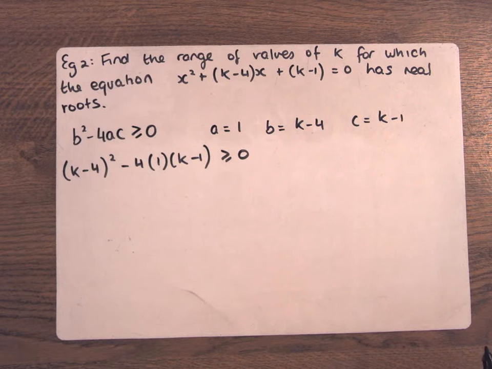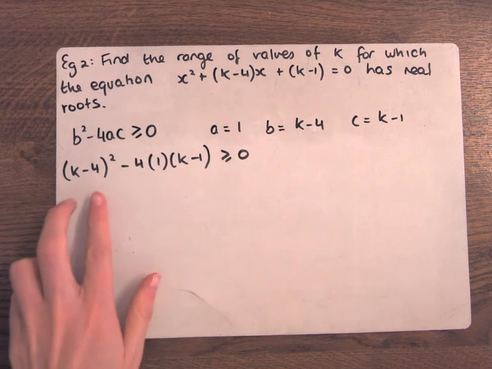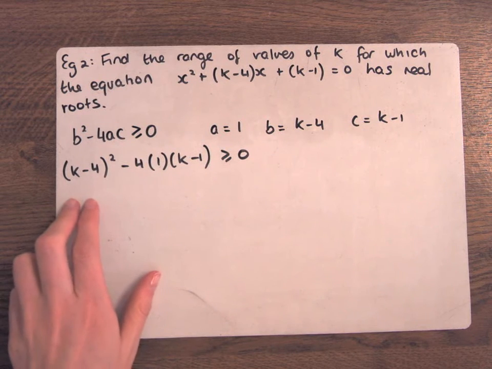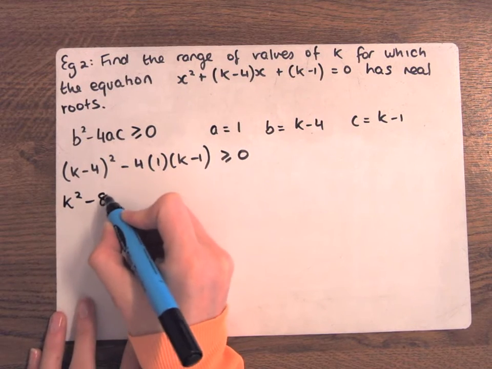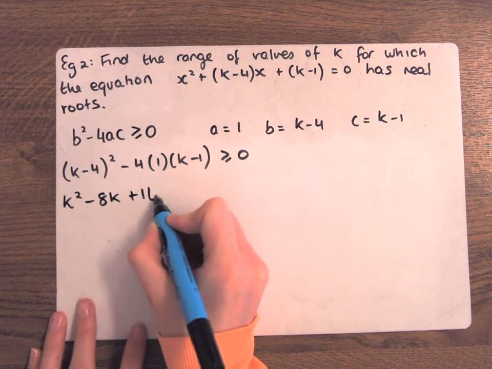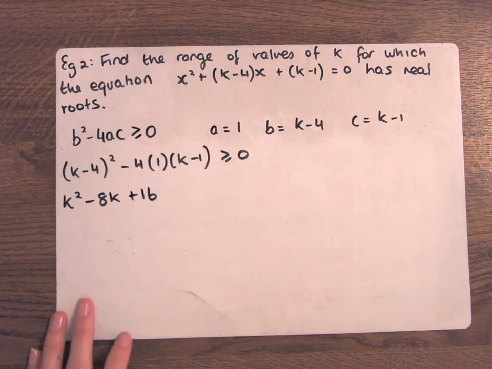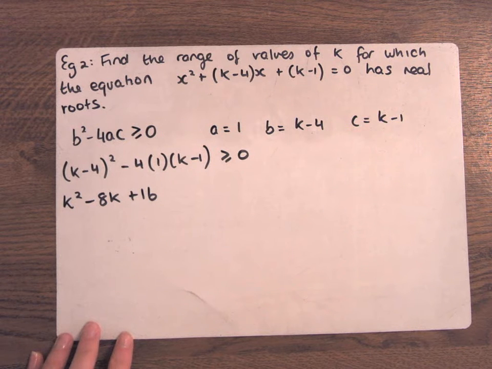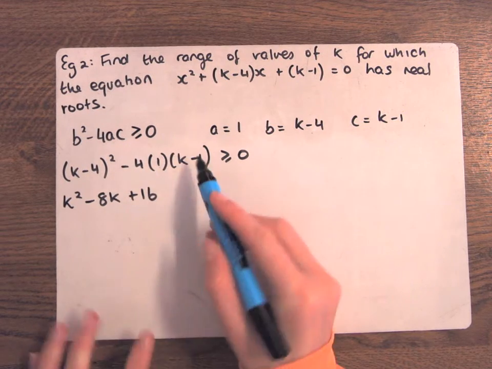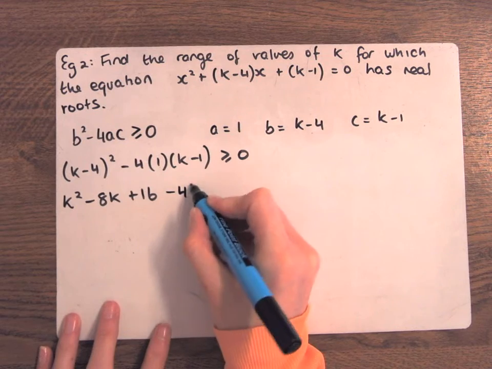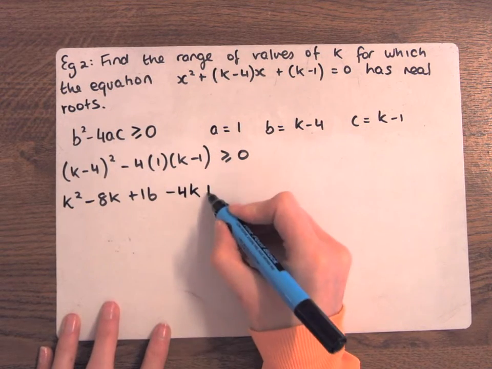Good. Squaring out brackets, you either write it out twice, please don't make the mistakes here. Square the first, product of the two multiplied by 2, square the last. Here we have minus 4 by 1, which is minus 4 by that bracket. So minus 4 by k and minus 4 by minus 1.